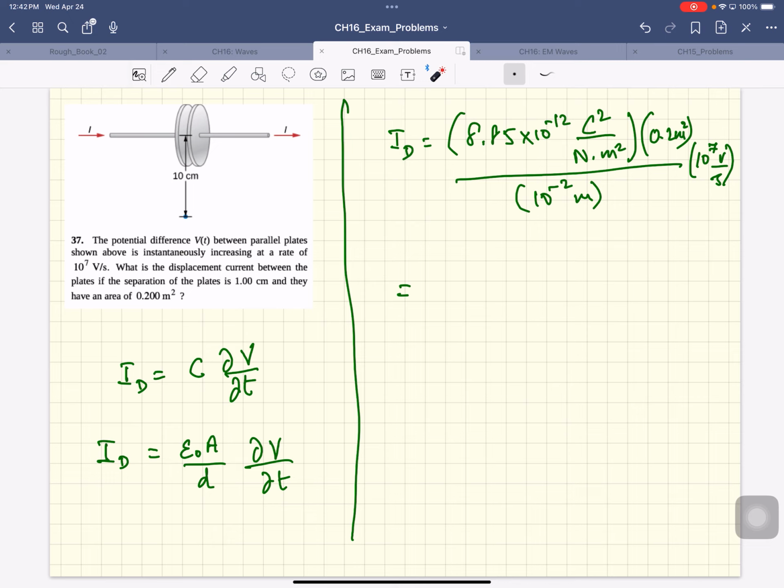So the displacement current will work out to, let's take care of the powers of 10: that makes it 10 to the minus 10, 10 to the minus 11, 10 to the minus 4.